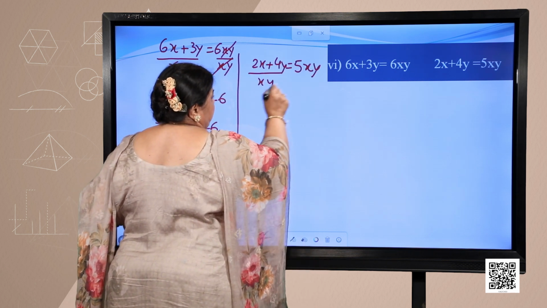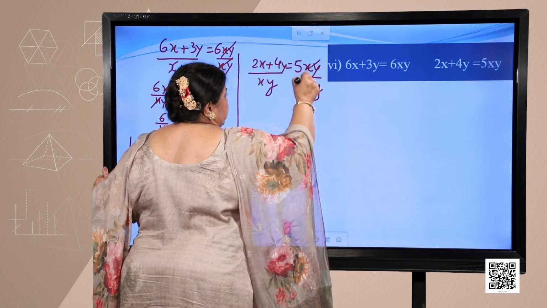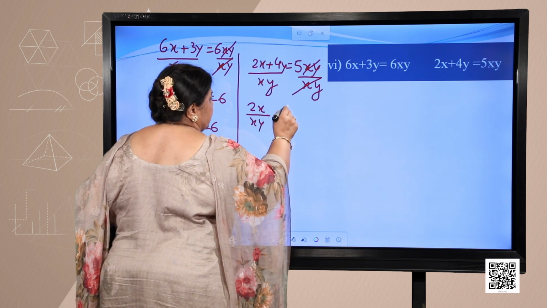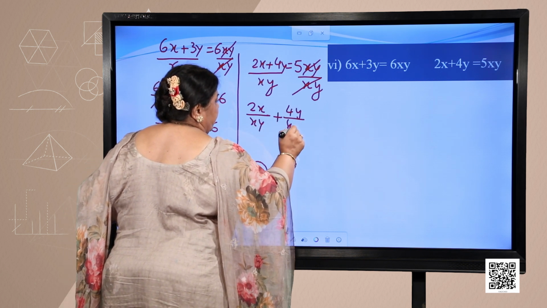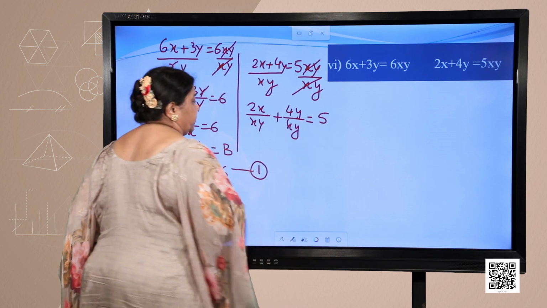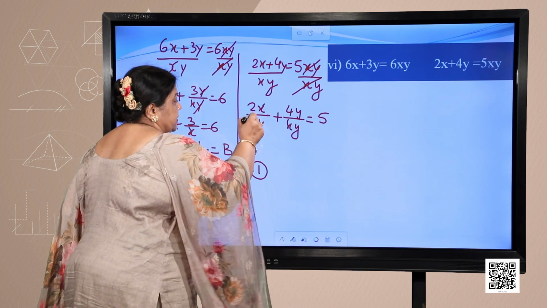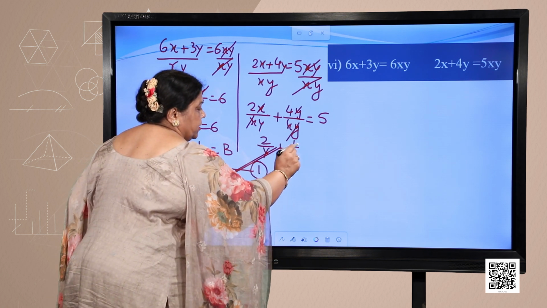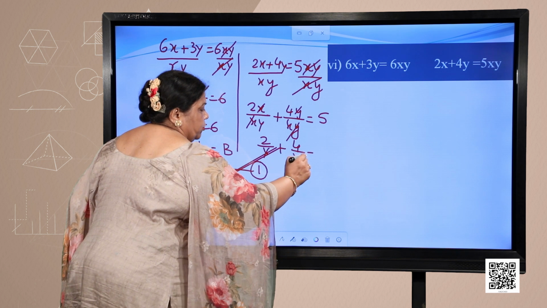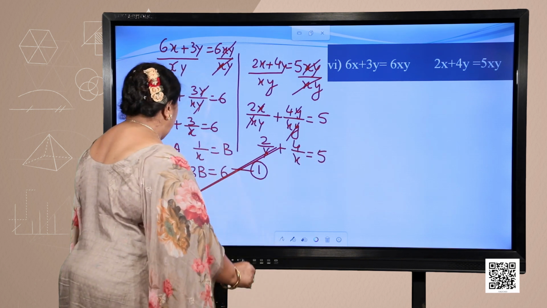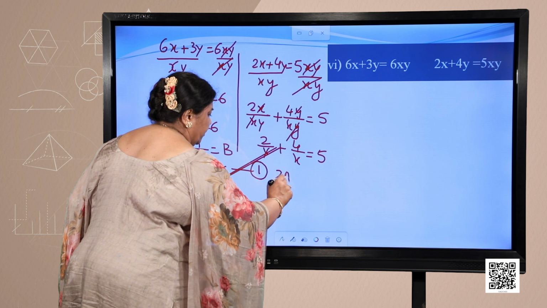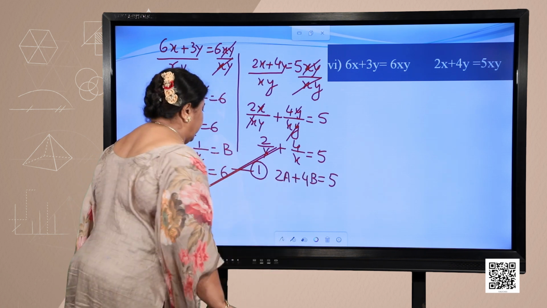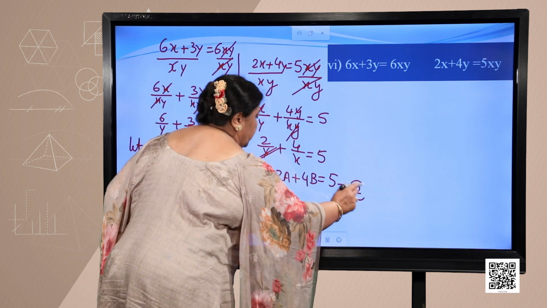Dividing by xy on both sides, xy gets cancelled and 2x upon xy plus 4y upon xy is equal to 5. Here you can see x is getting cancelled and y gets cancelled here. We have 2 upon y plus 4 upon x is equal to 5. So, we have here 2a plus 4b is equal to 5. So, these are the two equations we need to solve.